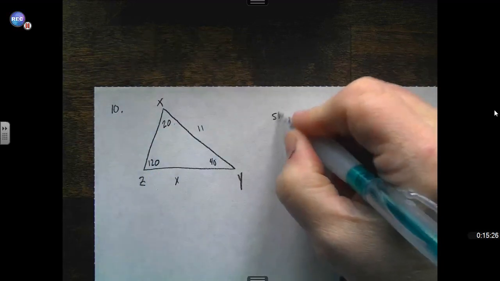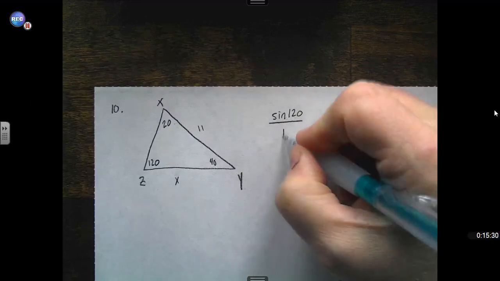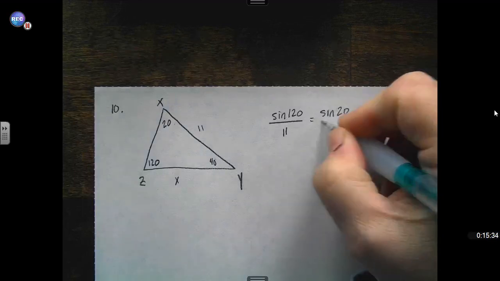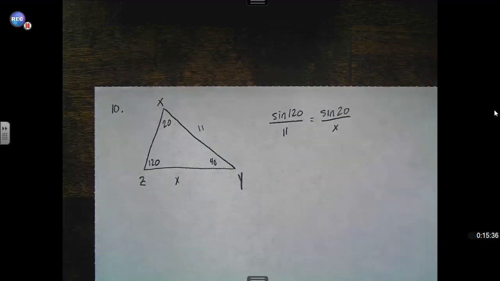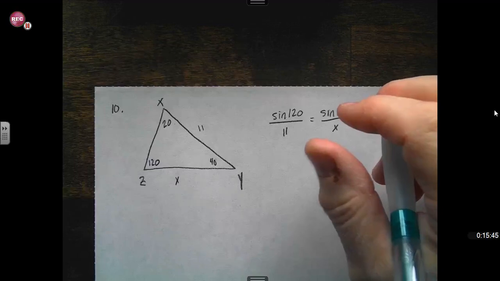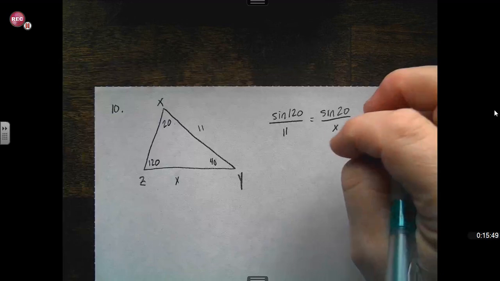So I would take the sine of 120 over 11 equals the sine of 20 over little x. I think you could also use law of cosines here, but let's see.